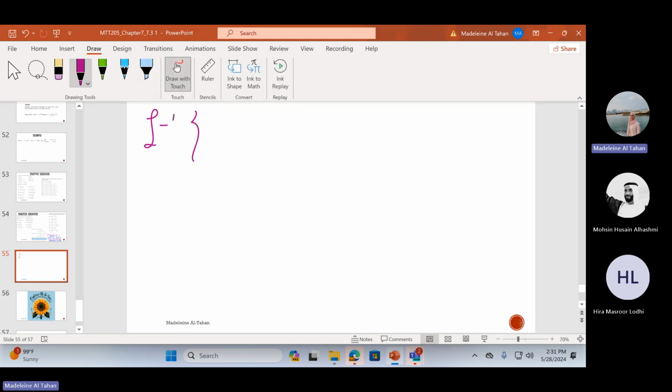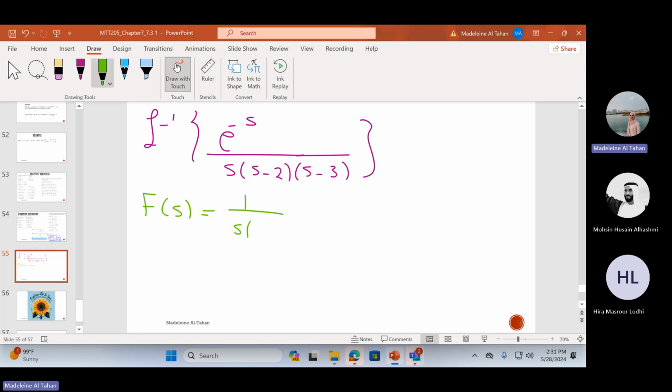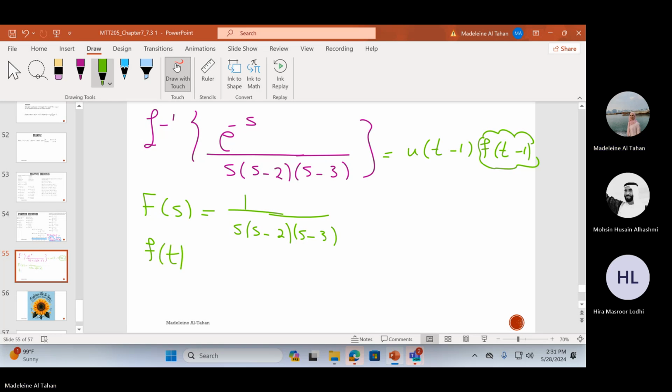We have Laplace inverse of e to the minus s over (s minus 2)(s minus 3), right? So what's F of s in this case? 1 over (s minus 2)(s minus 3), and this is equal to u(t minus 1) f of t minus 1. What do we need to find? f of t minus 1. How do we find f of t? It's the Laplace inverse.